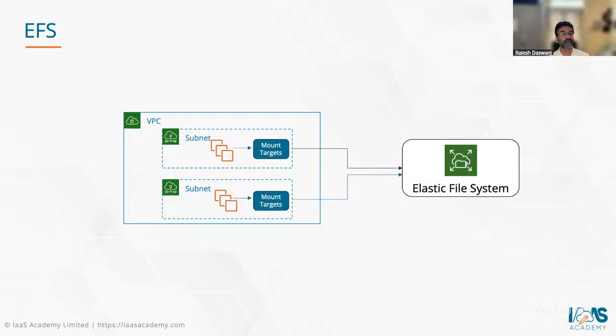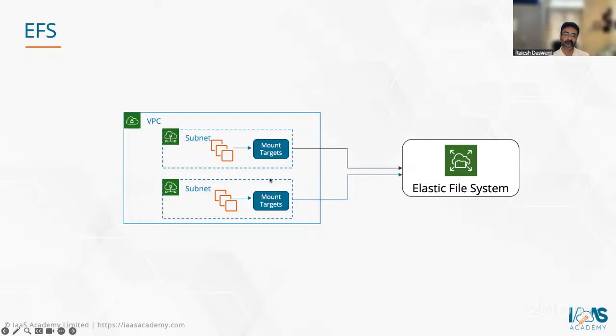So we've got EFS. EFS is a file storage solution that allows you to access a file storage system across multiple servers spread across multiple availability zones in your region. So in this example, we've got EC2 instances across 2 subnets, across 2 availability zones.